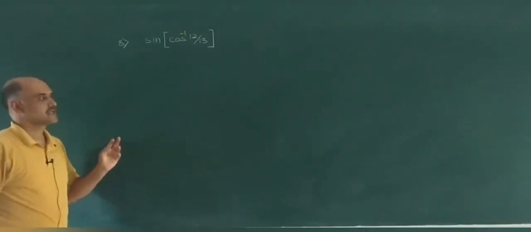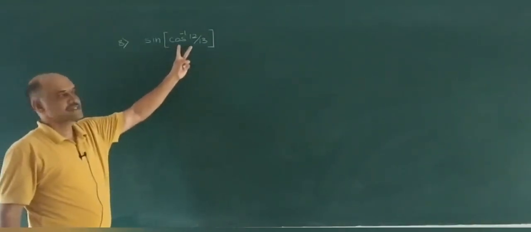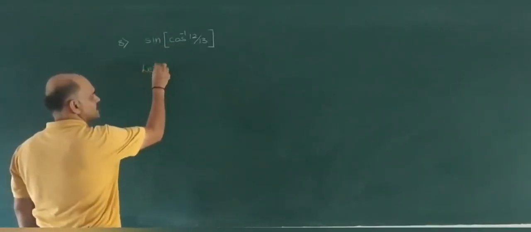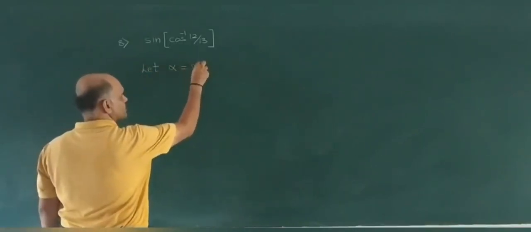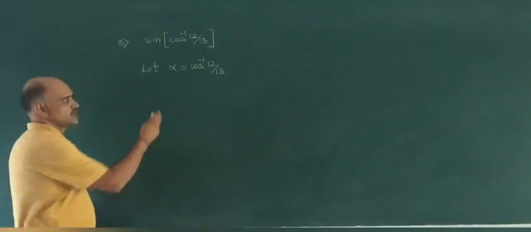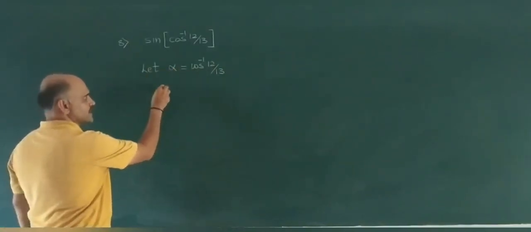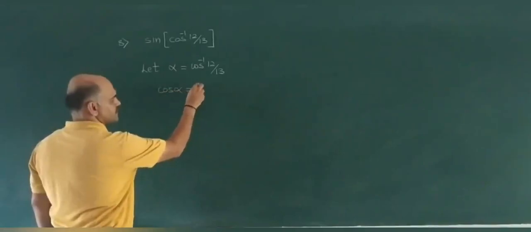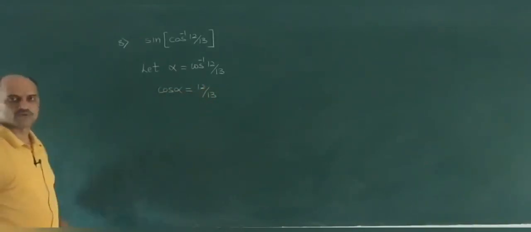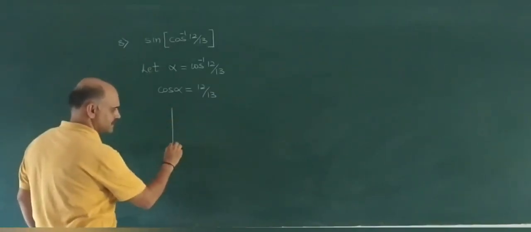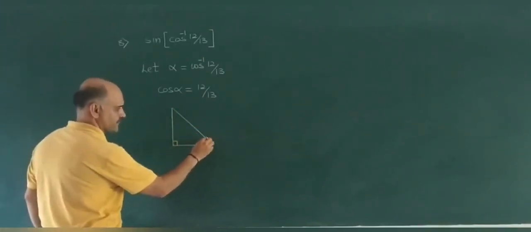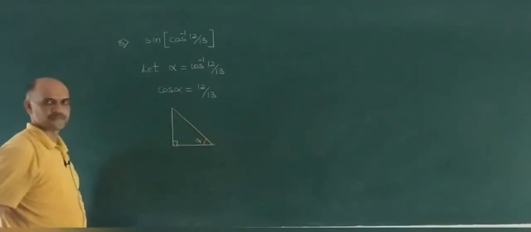If such is the case, you take this value as alpha. So let alpha be equal to cos inverse 12 by 13. Now if I take cos to the LHS, I will have cos alpha equal to 12 by 13. Now draw a right angled triangle and denote this angle as alpha.